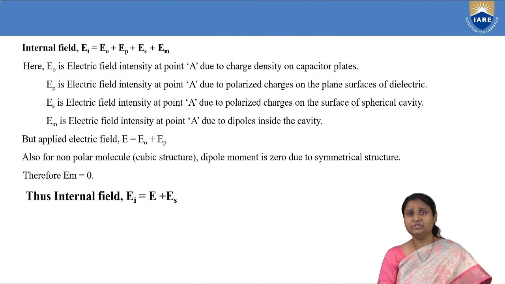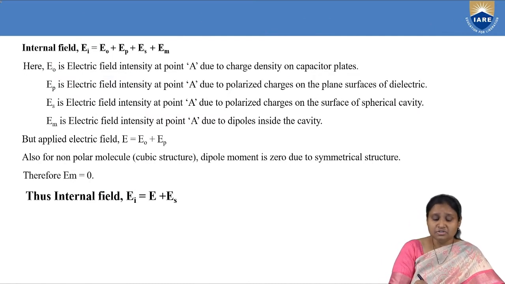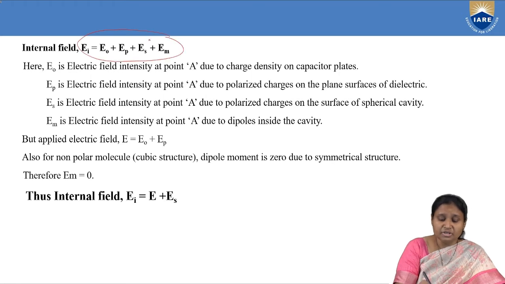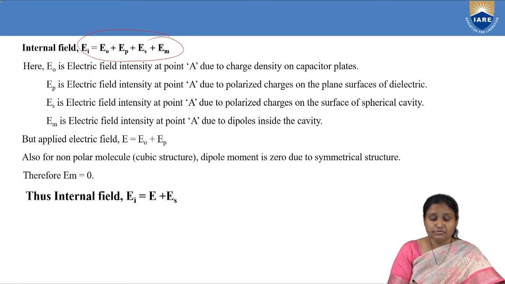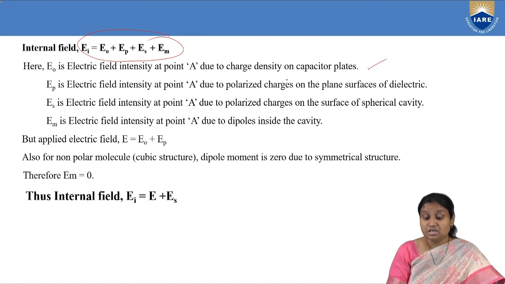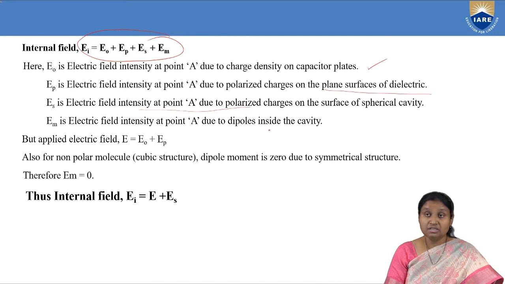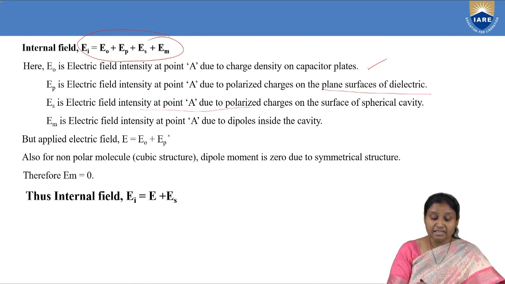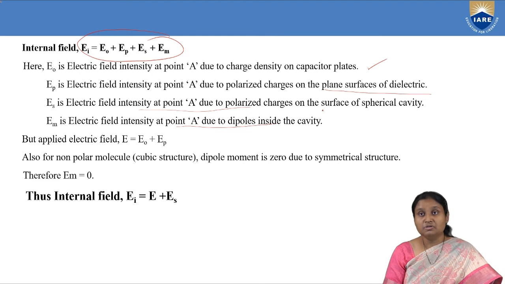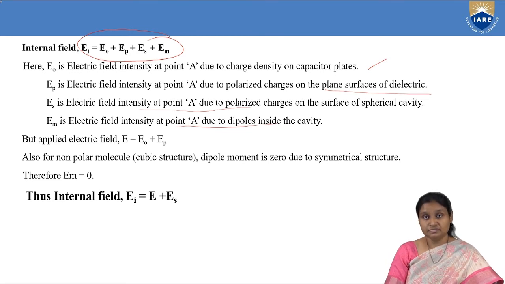Now if we try to simplify this internal field further, we have taken this internal field as a combination of these four fields. If you want, you can check out here. What is E naught? E naught is the electric field intensity at point A due to charges on capacitor plates, and EP is the electric field intensity at point A due to polarized charges on the plane surface of the dielectric, and ES is the electric field at point A due to polarized charges on the surface of the imagined sphere, and then EM is the electric field intensity because of dipoles inside the sphere.